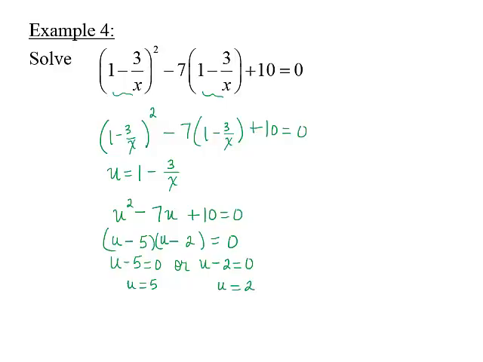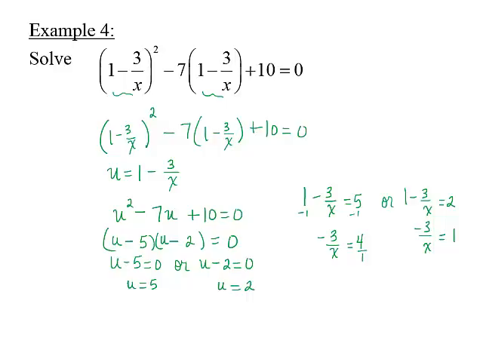But what am I going to say? We're not done there. We need to get this in terms of x. So we set 1 minus 3 over x equal to 5, or 1 minus 3 divided by x is equal to 2. So we subtract 1 from each side to get negative 3 divided by x equals 4, or negative 3 divided by x equals 1.